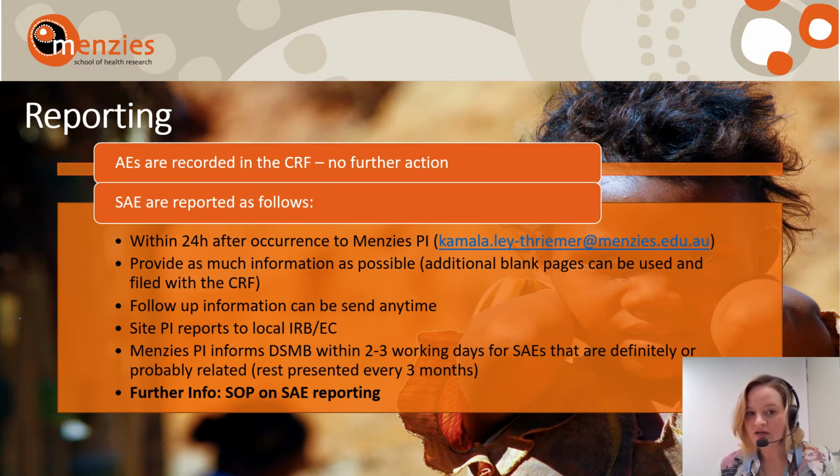From our side, we will inform the Data Safety Monitoring Board within 2 to 3 working days for any SAEs that are definitely or probably related. We also have further information in the Standard Operating Procedure on SAE reporting, but the biggest take-home message is to A, identify the SAE, and B, report within 24 hours after occurrence.